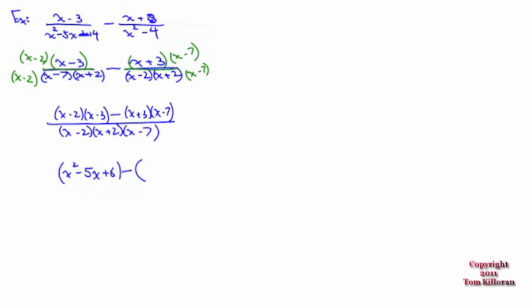And then multiply x plus 3 times x minus 7. So you'll get x squared minus 4x, don't forget the x, minus 21. And then this is all over x minus 2, x plus 2, x minus 7.